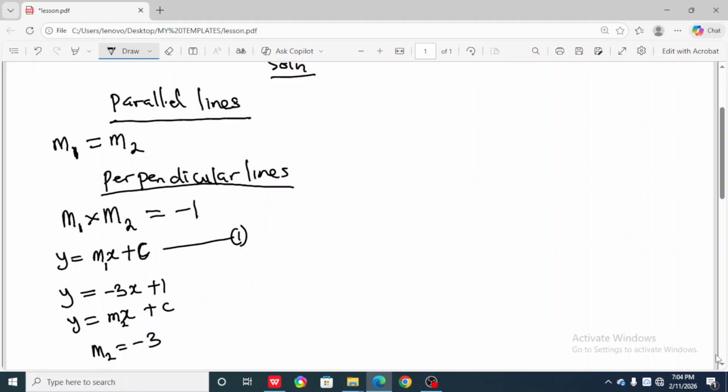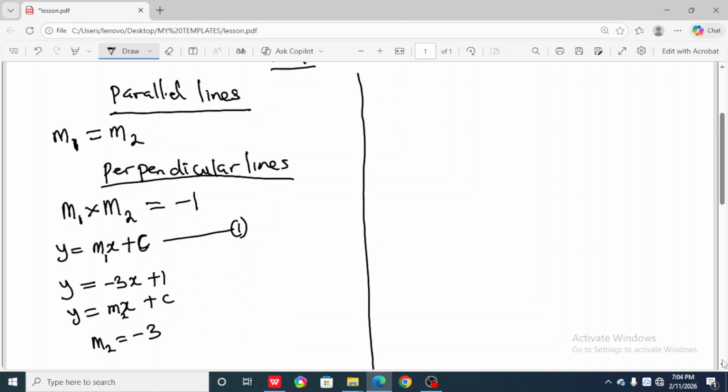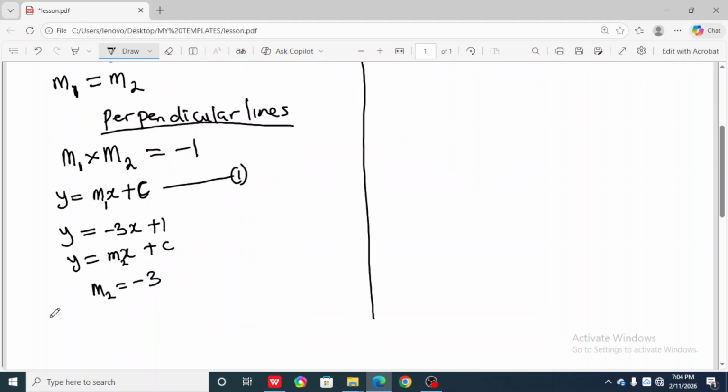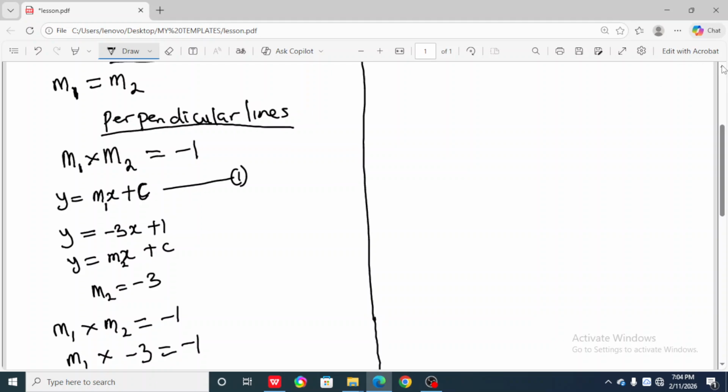So now we will use this information to get m1. m1 multiplied by m2 is equal to minus 1. So m1 times minus 3 is equal to minus 1.